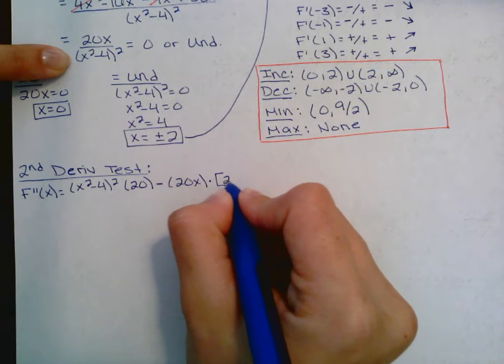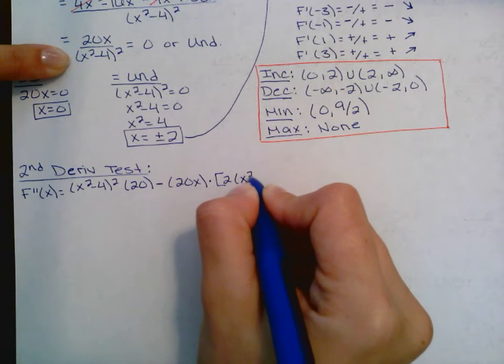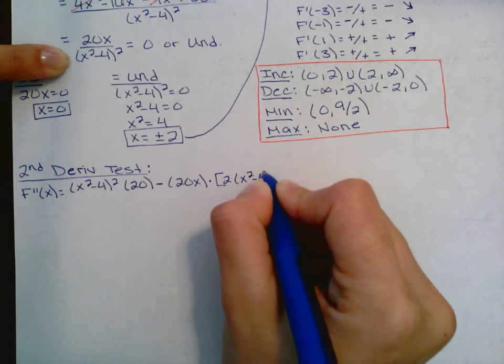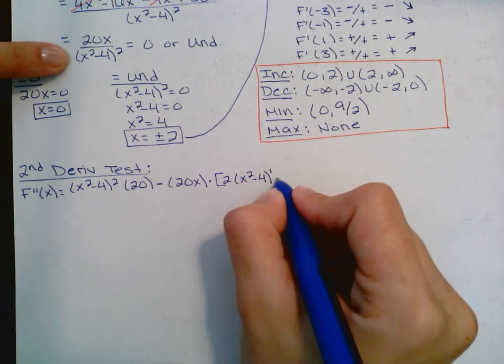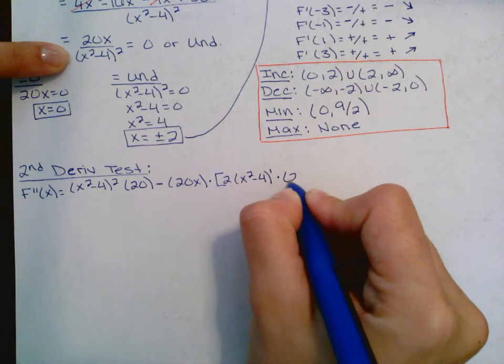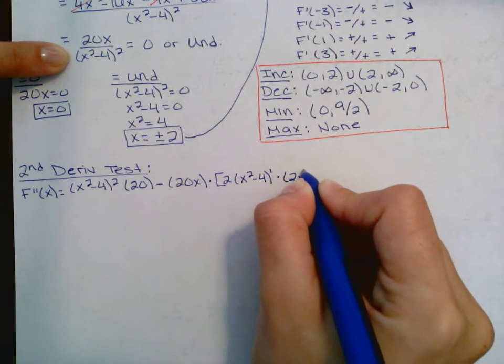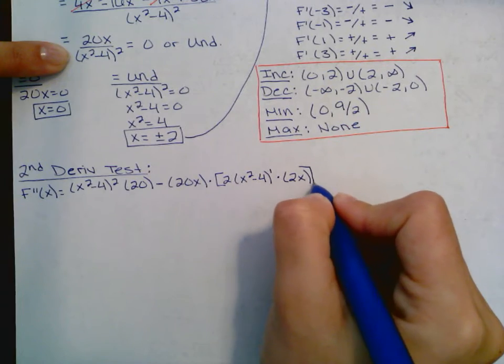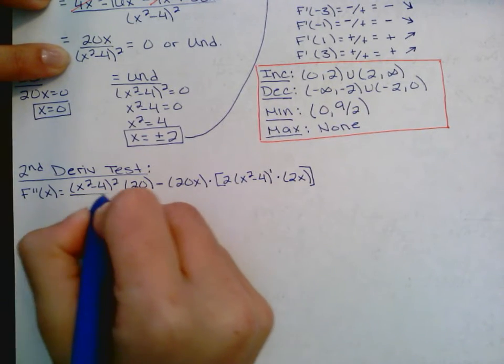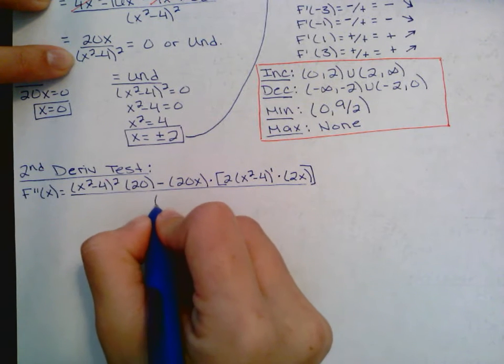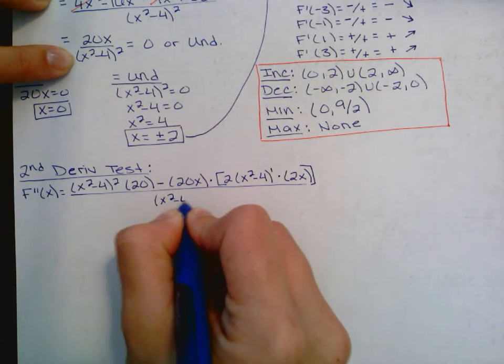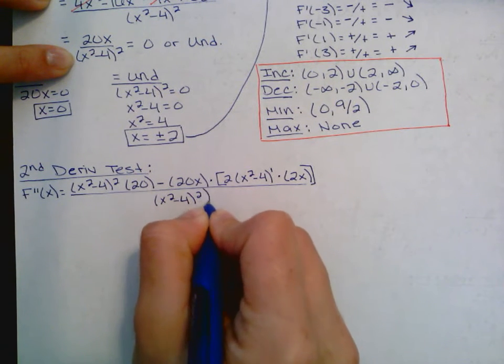I have derivative of the outside, rewrite the inside, subtract 1 from the exponent, and then times derivative of the inside. All over this low squared.